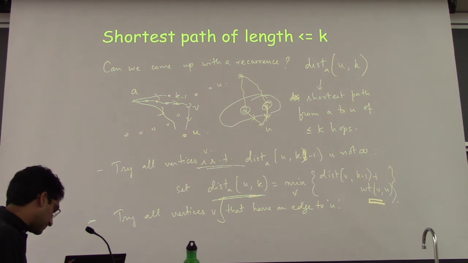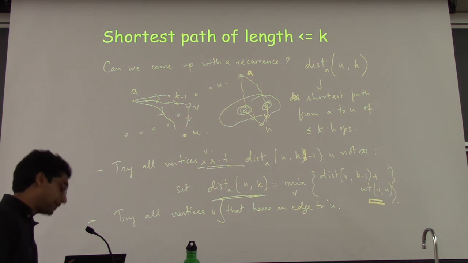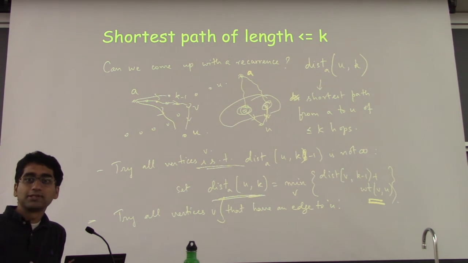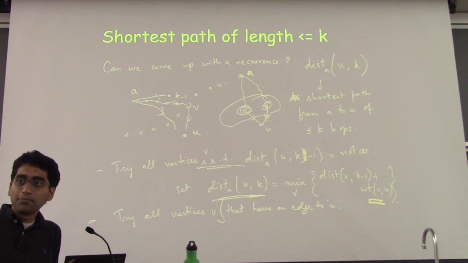And the shortest distances from A to these vertices, using at most k minus 1 hops, have already been computed, because it has this k minus 1 parameter.